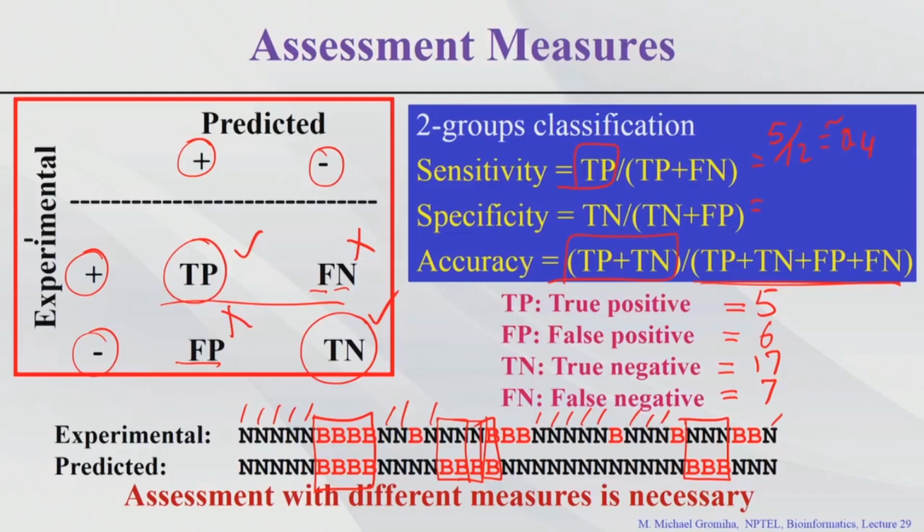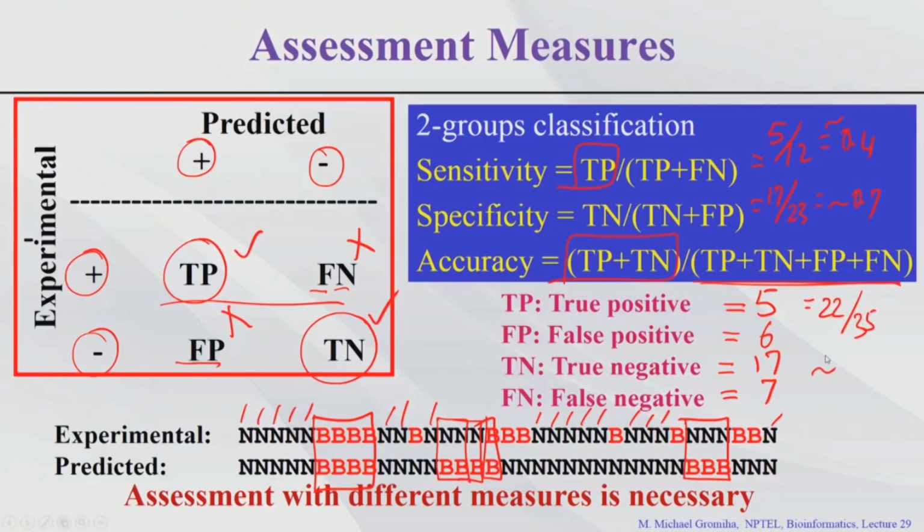Then specificity: true negative is 17 divided by true negative plus false positive, that is 20, about 0.8. Then accuracy: true positive plus true negative, 22, divided by 35.